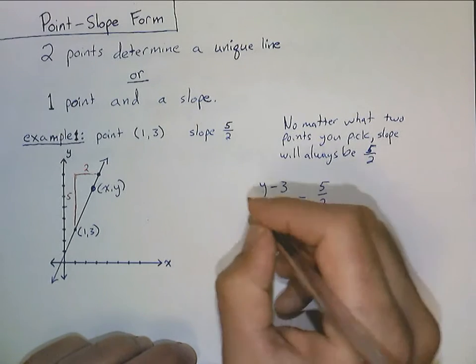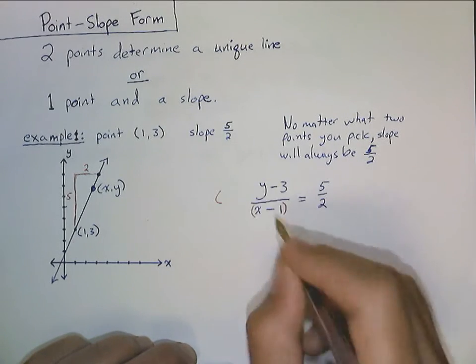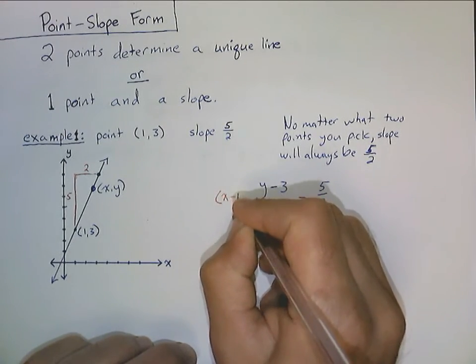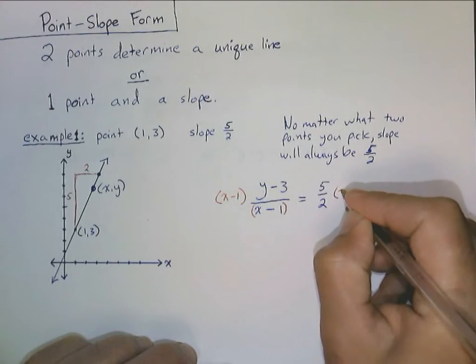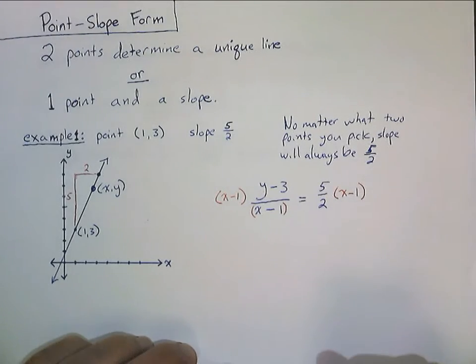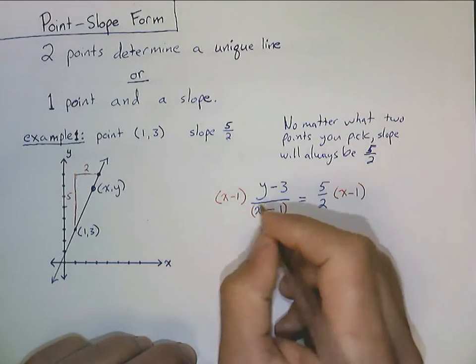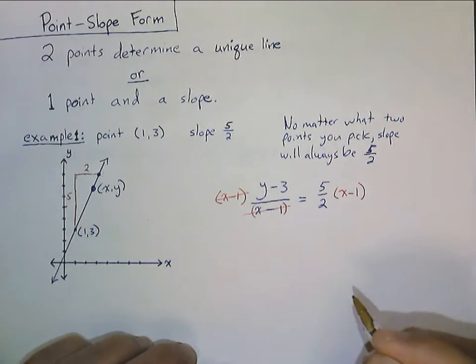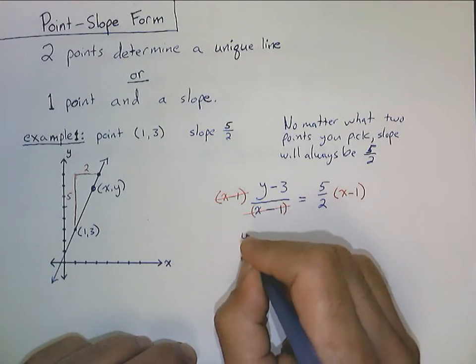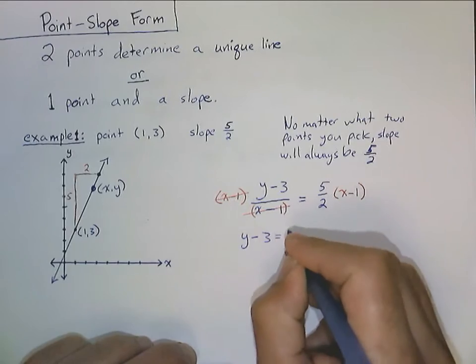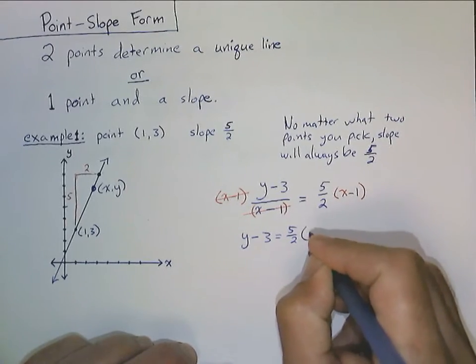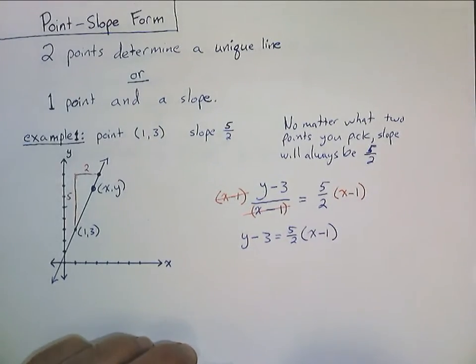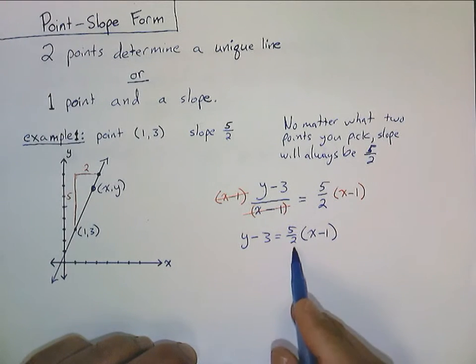And we're going to multiply both sides of the equation by this denominator. Reason being, now we have the same thing in the denominator and in this numerator here, so those will cancel each other out. And we can rewrite the equation, and it'll be y minus 3 is equal to 5 halves times x minus 1.